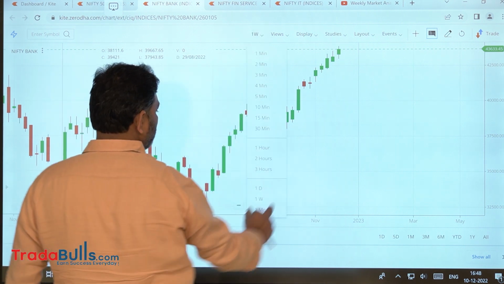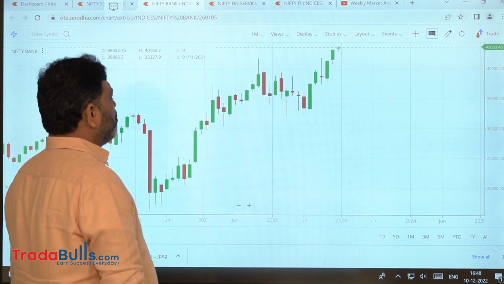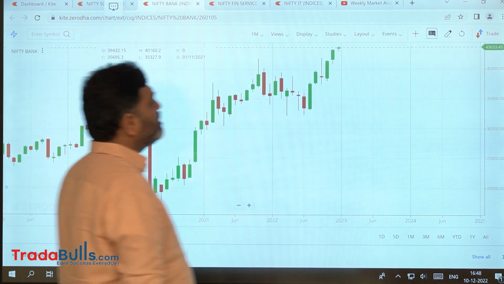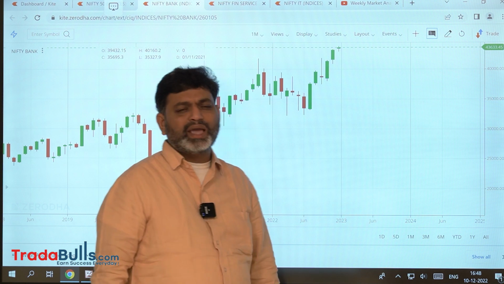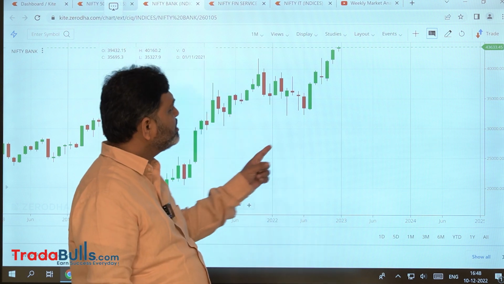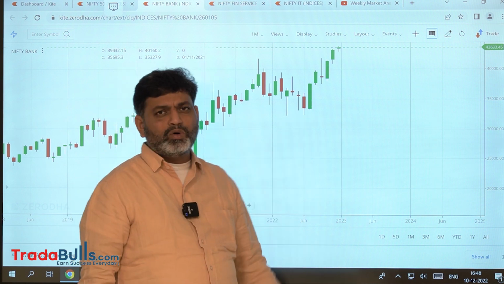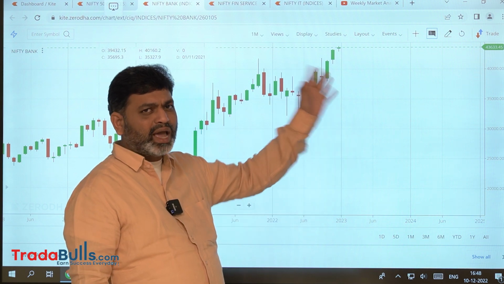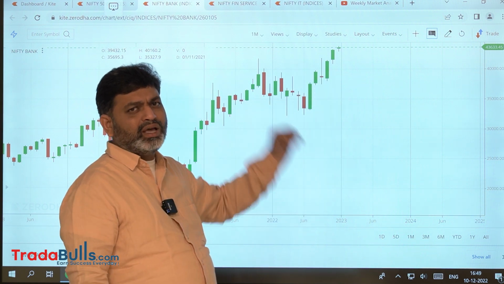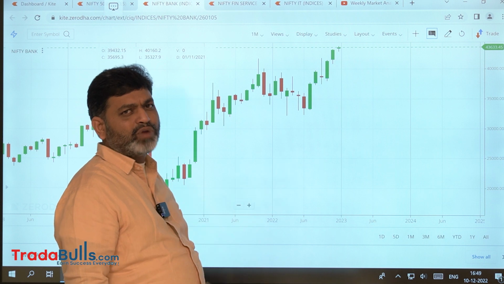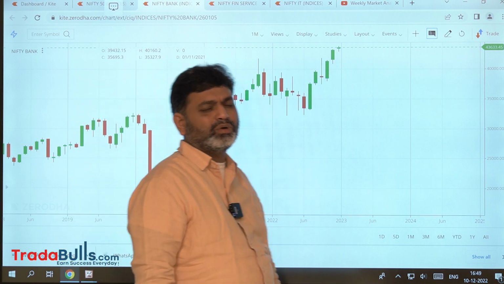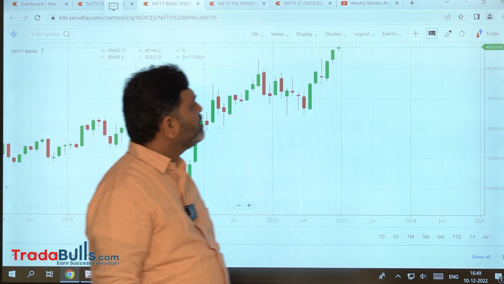When we observe the monthly data also, Bank Nifty is still maintaining the previous month high, the November month high, still trading above the last month high only. But Nifty is trading in the range of last month's range. So Bank Nifty is moving strongly upside.